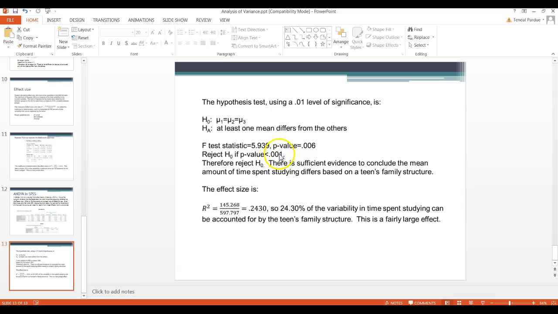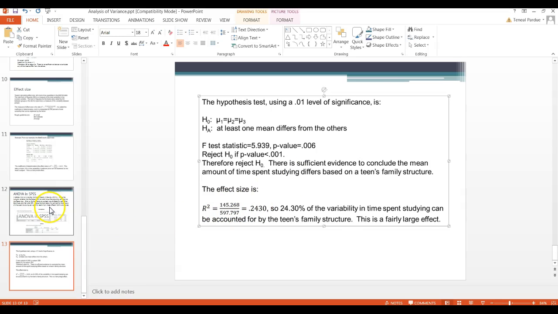If we're using 0.01, I put 0.001 here, but regardless, you would reject H0 and say that there is sufficient evidence to conclude that the mean amount of time differs based on the structure of the family.